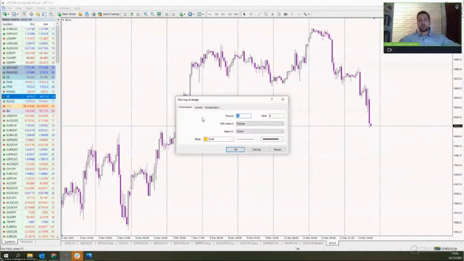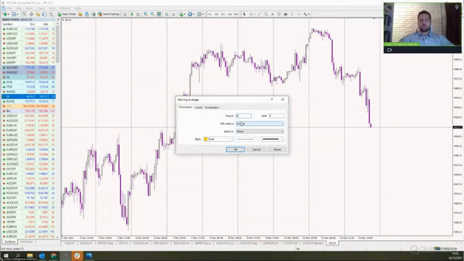So here you have parameters. This is the period. So how many candles, how many periods are included in this moving average? And overall, the moving average smooths the price movement and shows you the average price from the previous periods. You can type different periods, for example 5.